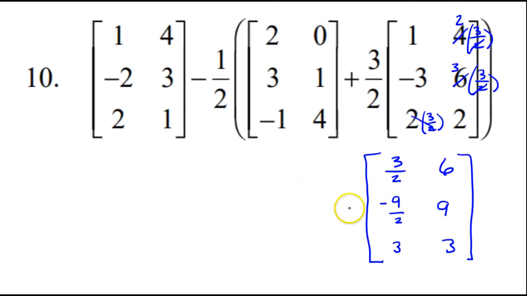Okay, but now I need to bring down the rest of it. So I've still got here 2, 3, negative 1, 0, 1, 4.